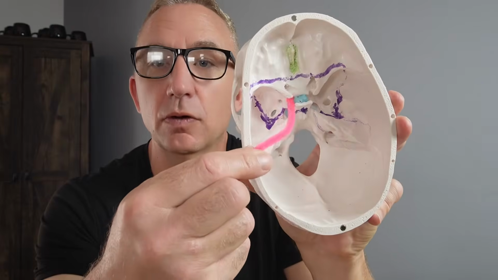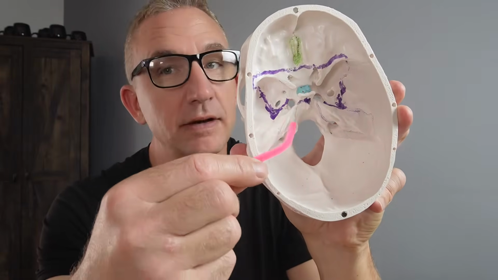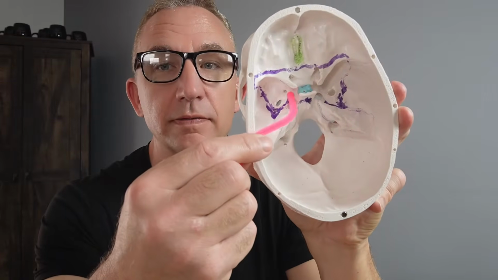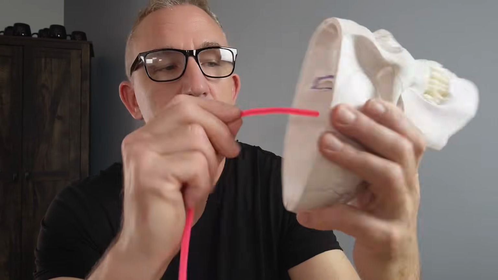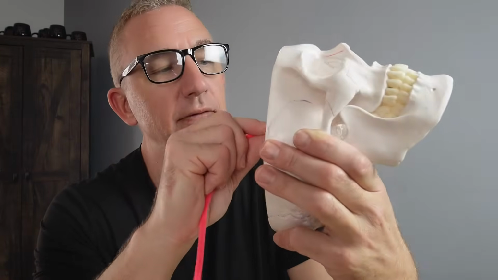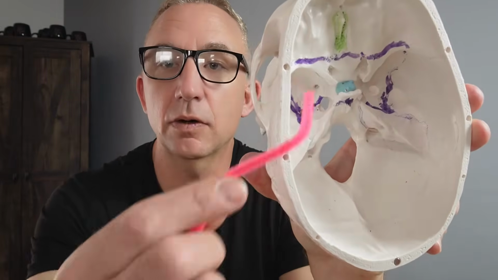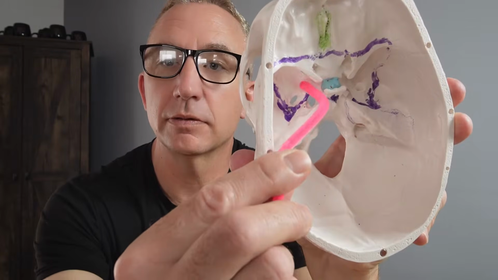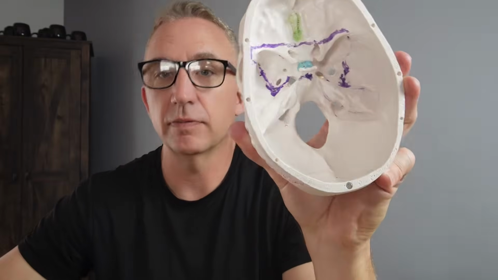So there's three holes that run on the sides through the greater wings. And we always have these holes for something. It's either blood supply, nerve supply, or both. I covered that a little bit with the purple, but that is spinosum. So if you can see three holes there, just remember ROS: rotundum, ovale, spinosum.